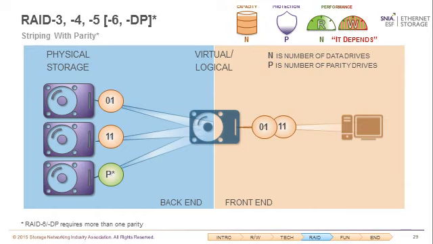But what we have here, let's take a look at simple single parity right now that we have on the screen. If the host sends their two IOs, 0 and 1, the logical drive stripes these between a subset of drives and then creates new data called parity, and then sends that data to another drive.